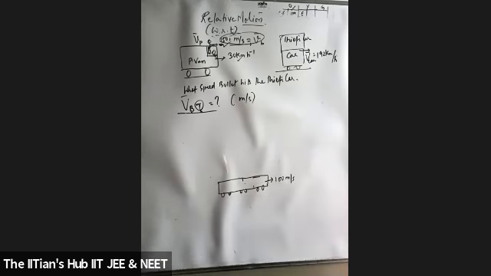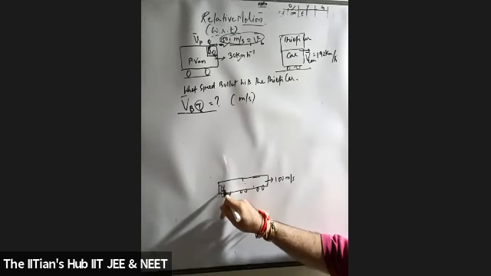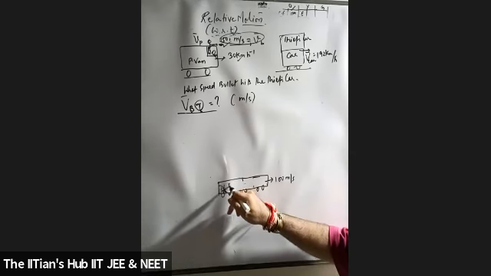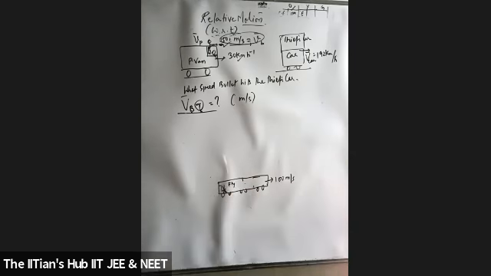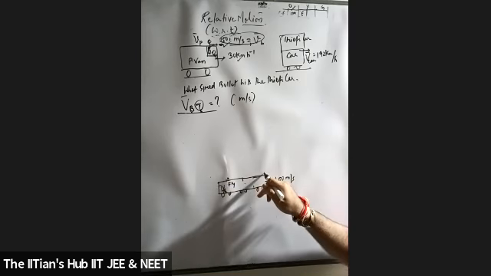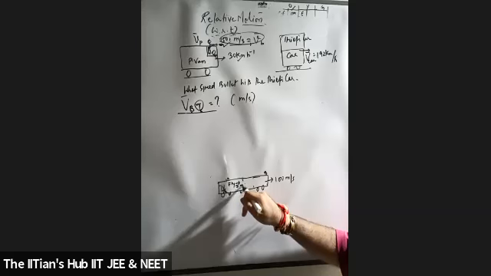There's a passenger sitting on a chair. Now there is a fly inside the train, moving from point A to point B with a velocity of 2 meters per second.